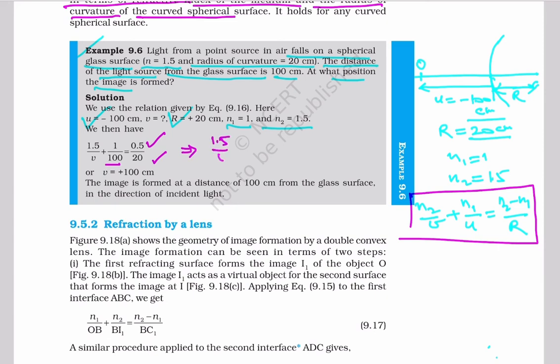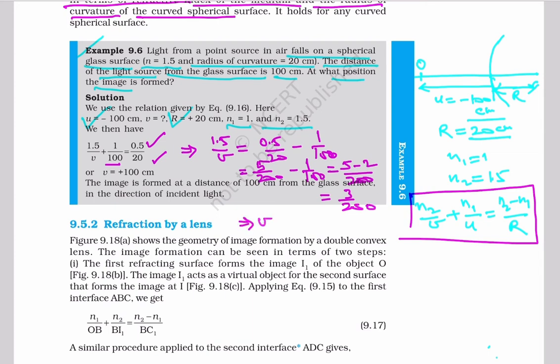1.5 by V is equal to 0.5 by 20 minus 1 by 100. So 5 by 200 minus 1 by 100 is equal to 5 minus 2 by 200, that is equal to 3 by 200.